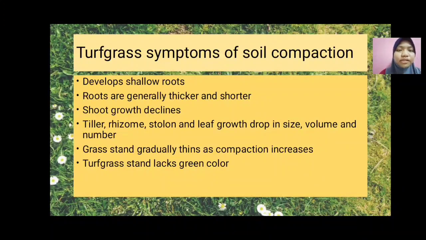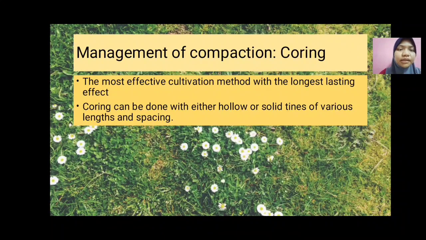And for the grass stand, it gradually thins as the compaction increases. And lastly, the grass stand will lack green color, and this is caused by the lower oxygen rate in the compacted soil.